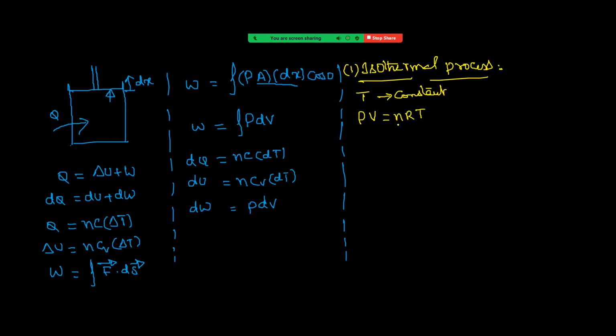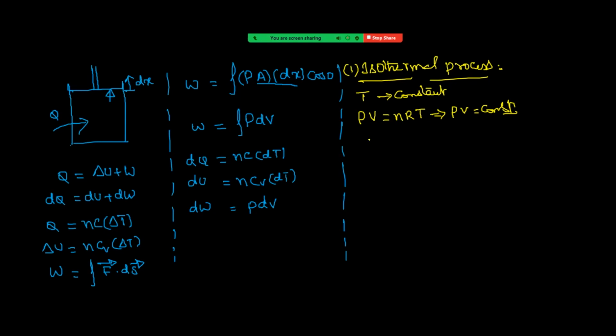For a given system, the number of moles is constant and R is a constant. When T is constant, PV is a constant. So whenever it is given isothermal process, PV is a constant.